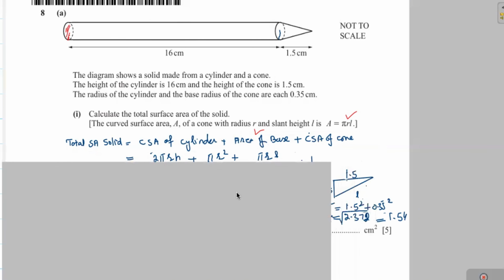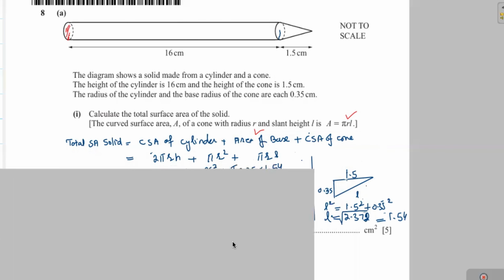But firstly, we have to calculate the L. L is the slant length of the cone. Look here, this is the cone. And in this cone, this height is given is 1.5 centimeter. The radius is 0.35 centimeter. Now we can calculate this slant length. Look here, this is the figure. This is the right angle triangle.